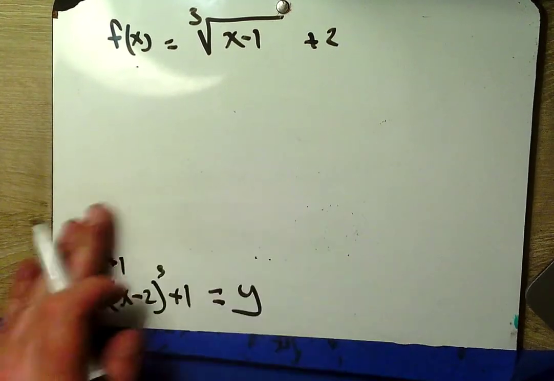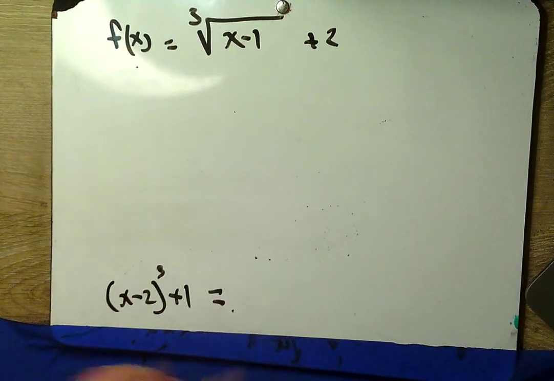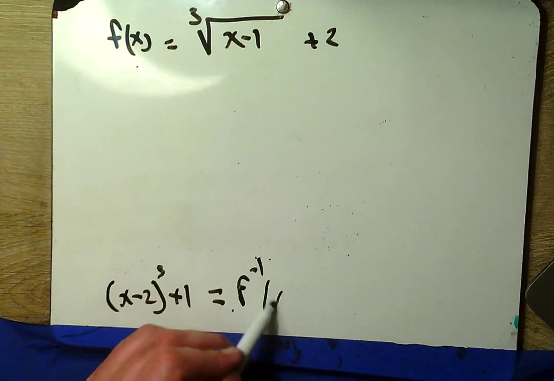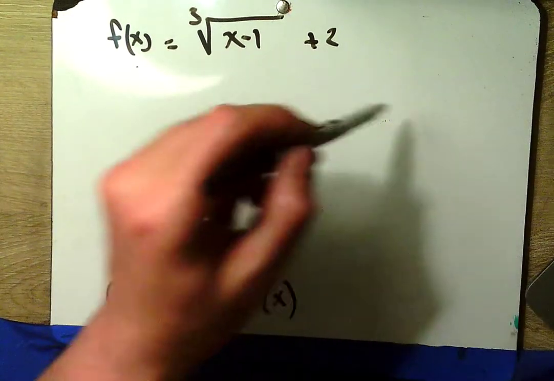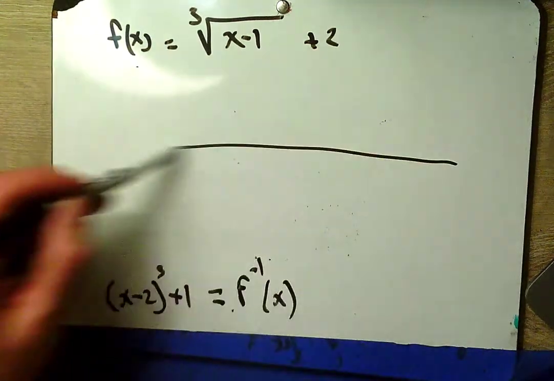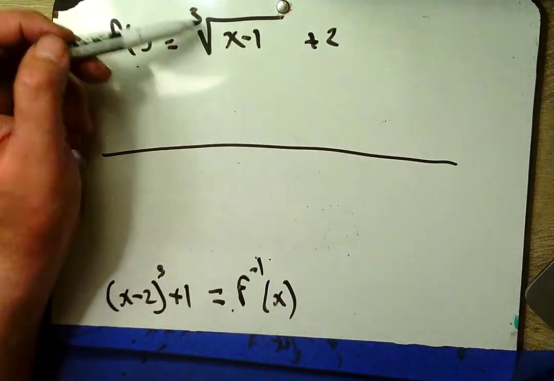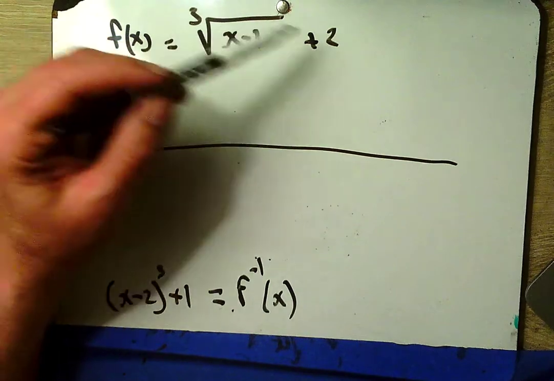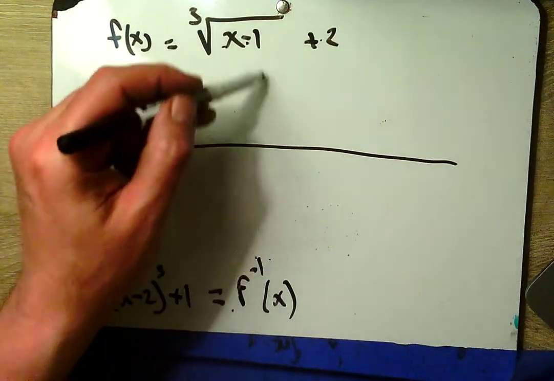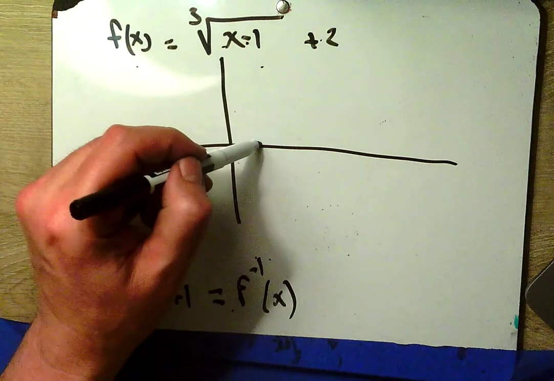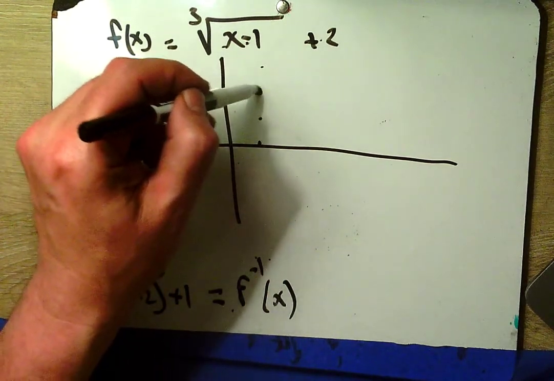So, let's think about this. Instead of calling this y, I can now call this f inverse. This function is the inverse of that function. And if I think about graphing these, this is my cube root shifted right 1 and up 2. So I'm shifted right and up 2.